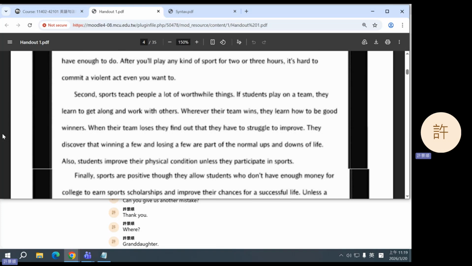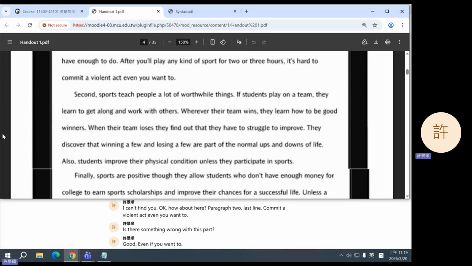I didn't find you. Okay, how about here? Paragraph 2, last line. Commit a violent act even you want to. Is there something wrong with this part? Good. Even if you want to.